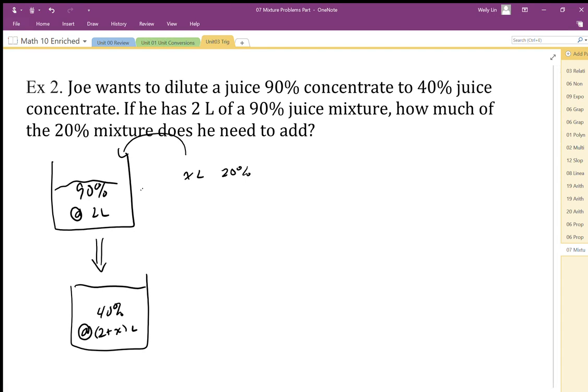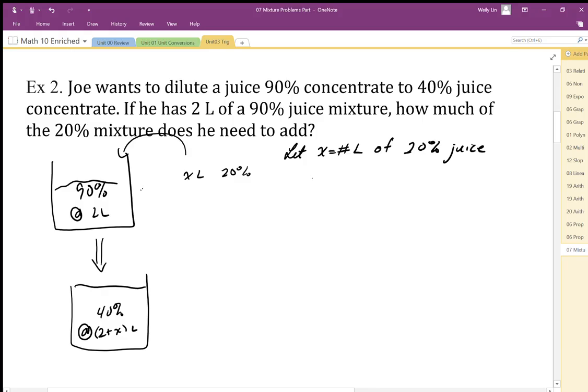Okay, so we need to have some unknowns here. So we're going to let x represent the number of liters of 20% juice.